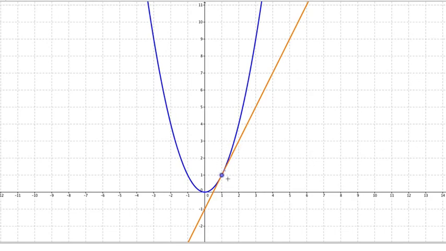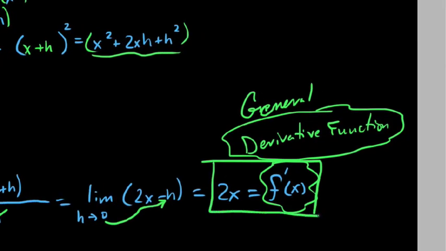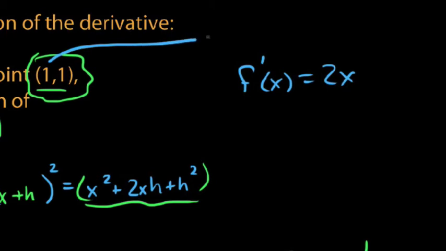But we wanted to prove this algebraically, so here's what we're going to do. We're going to take this function, f prime of x, the derivative function, and plug in the x value for which we want to find the slope. We say f prime of x equals 2x. So if this is the slope finder function and we want to find the slope when x equals 1, we say let's go find f prime of 1.